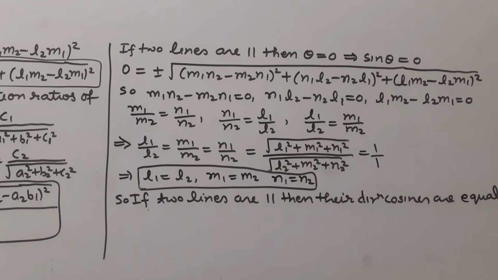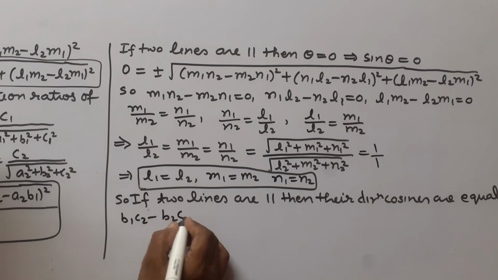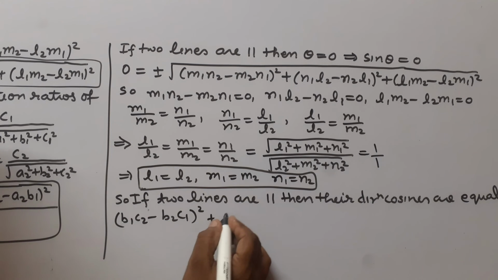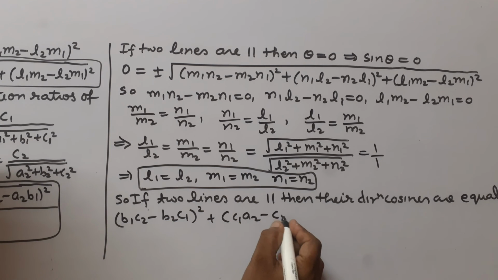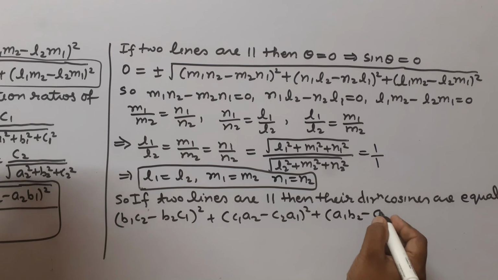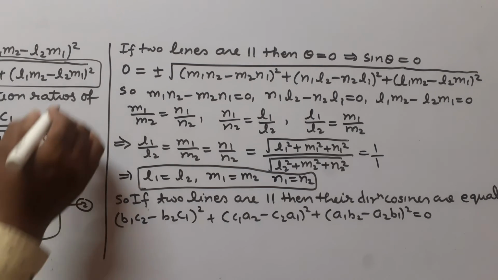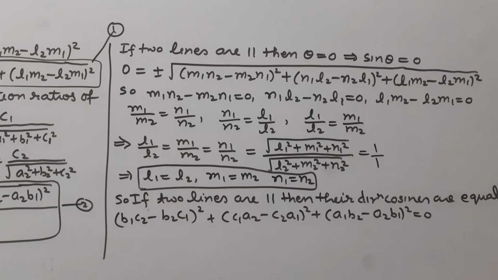Now from the second formula, if we put sin theta equal to 0 in this formula, we get (b1 c2 minus b2 c1) whole square plus (c1 a2 minus c2 a1) whole square plus (a1 b2 minus a2 b1) whole square is equal to 0. Suppose this is the second formula and this is the first formula.